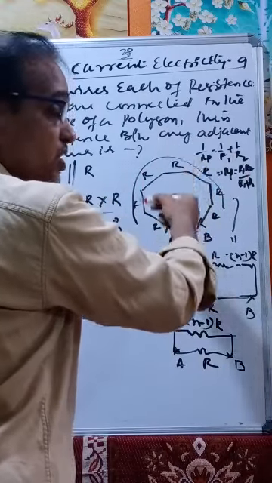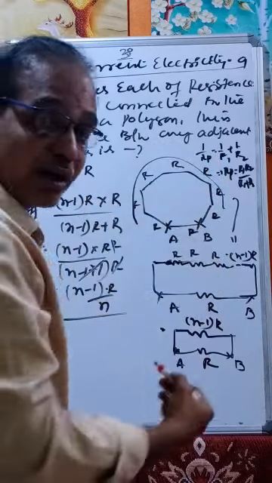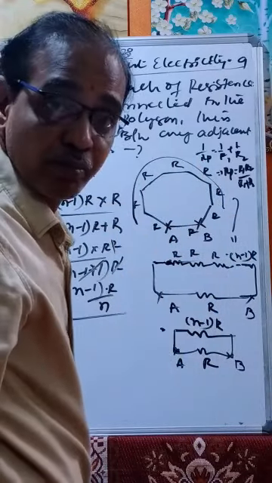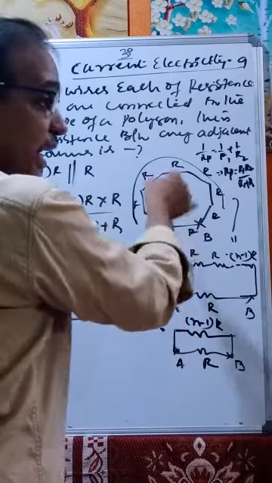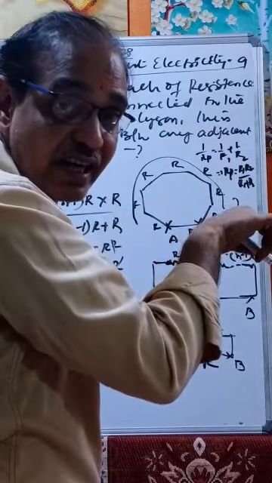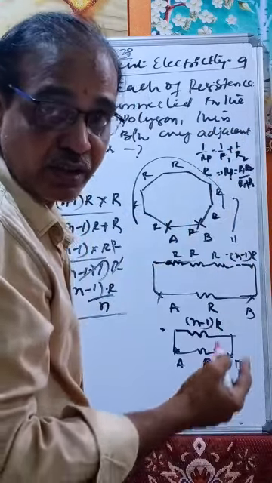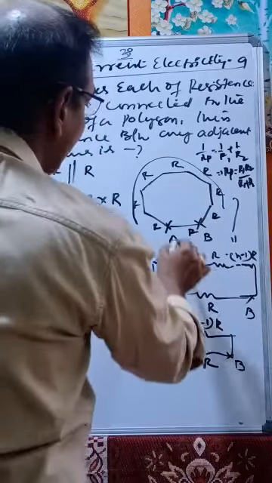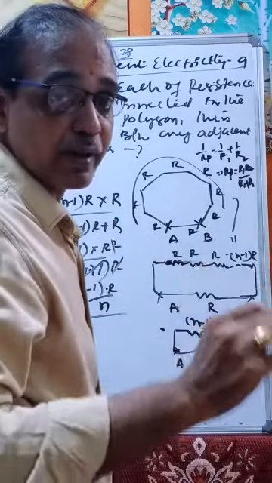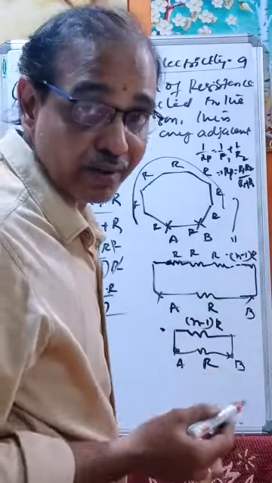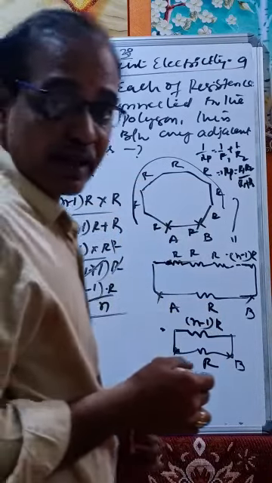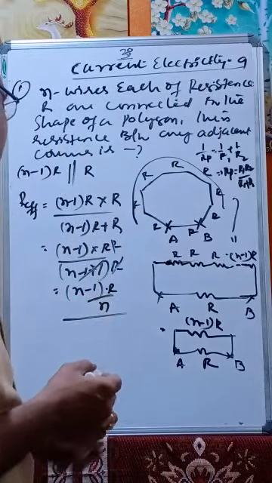The combination of 7 resistors is 7R, and this 7R is in parallel with R. Similarly, if you take n resistors, n minus 1 resistors are in series, and that effect will be in parallel with the remaining resistor R. The effective is R1 R2 by R1 plus R2, that becomes n minus 1 into R by n.